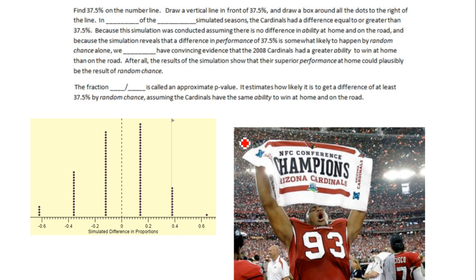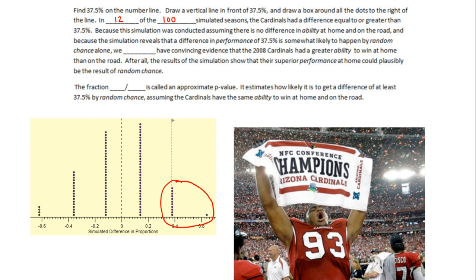If you look on the number line and look for 37.5 or 0.375, since this is done in proportions, you would take everything from 0.375 up and count it. So in 12 of the simulated 100 seasons, the Cardinals had a difference equal to or greater than 37.5%.